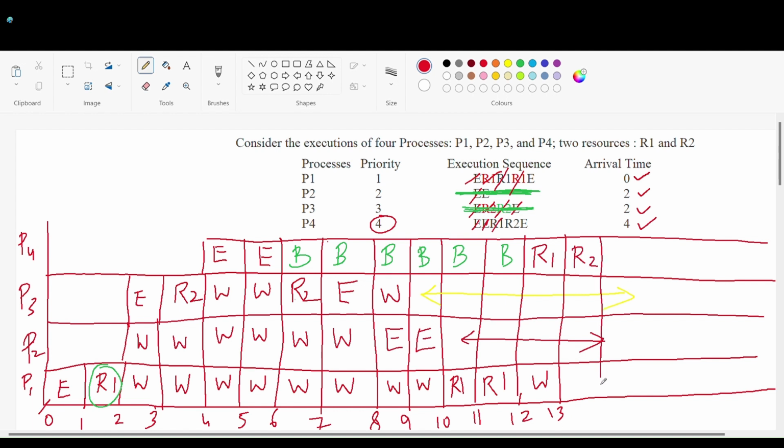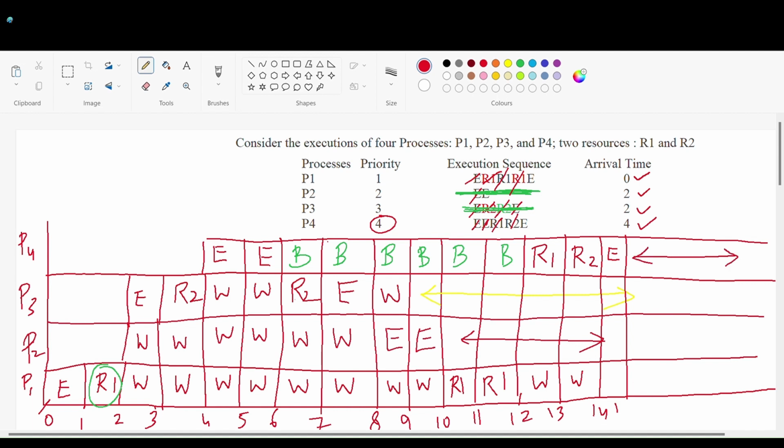So up to 13, then R2, up to 14, and then E, because P4 has high priority, so P4 will execute E up to 15.